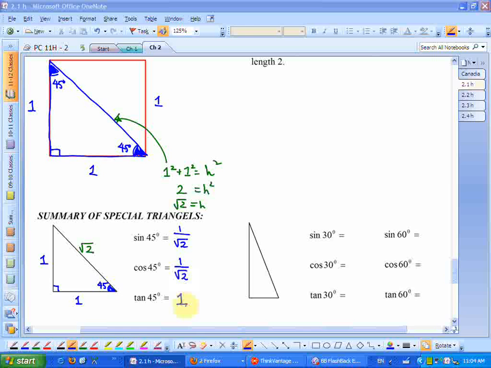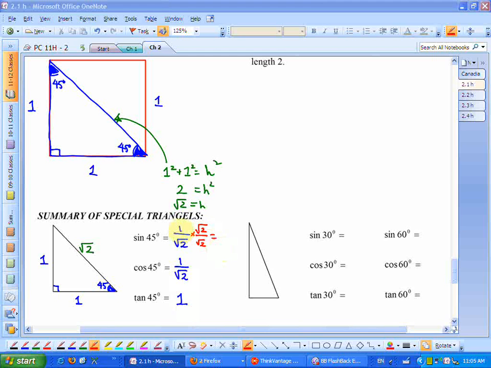Now, ladies and gentlemen, for those of you who remember from last year in 10 honors when we did rationalizing the denominator, remember how I said sometimes it's not nice to have a square root in the denominator? To get rid of that, what did we actually do? We multiplied both the top and the bottom by root 2. The rationale for doing this was it's really hard to divide by a big long decimal, but it's easy to multiply by it.